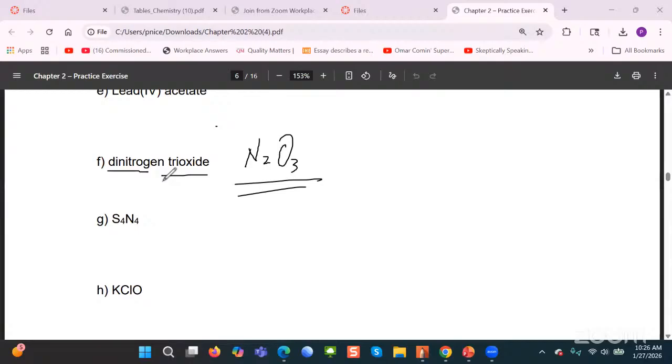So in the case of G, it's a reverse. So my question to you is, what do you think the answer is? They gave you the formula, so what do you think the name is?